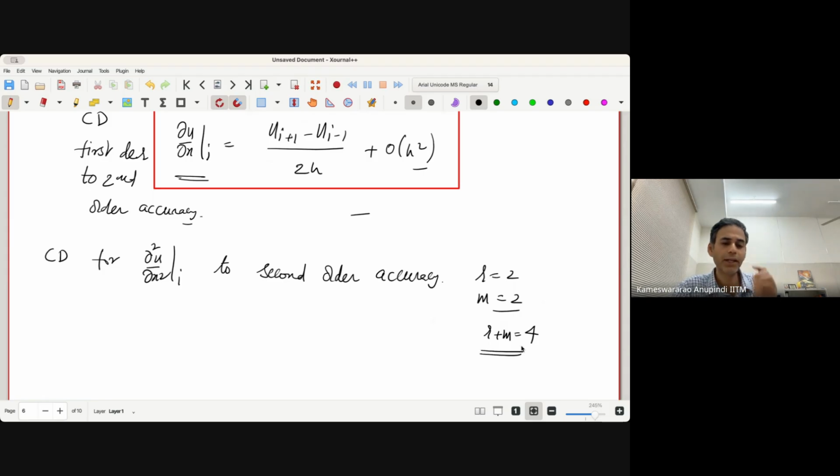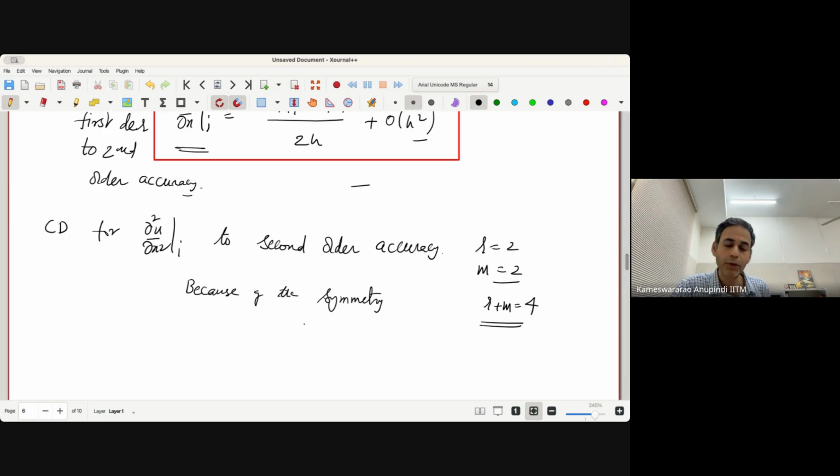But then we realize that because of the symmetry that is involved, that means you're taking points from both sides, we could get away with just 3 points.